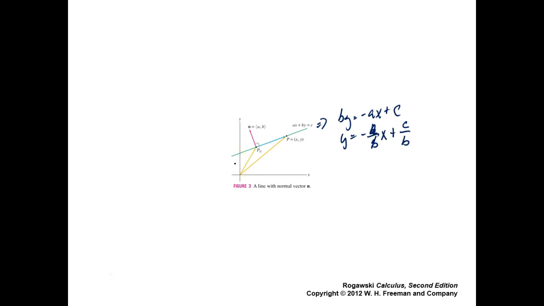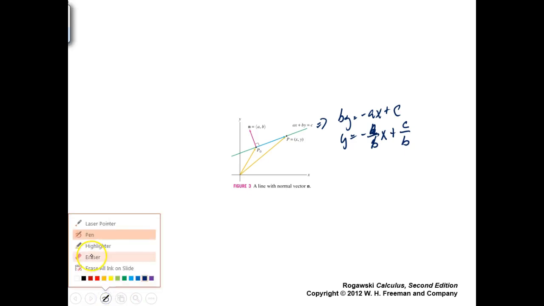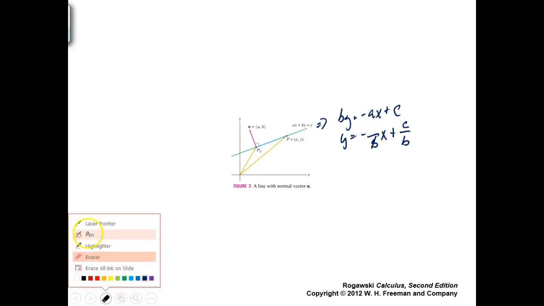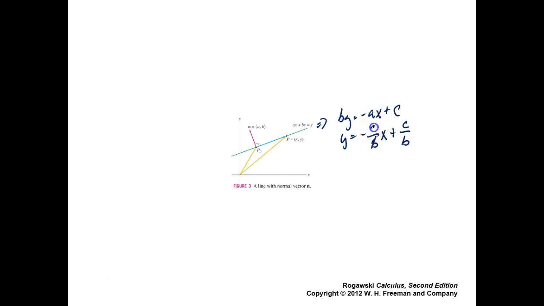We already determined that. So the slope of this line is minus A over B, and we don't really care about the y-intercept, but there it is.